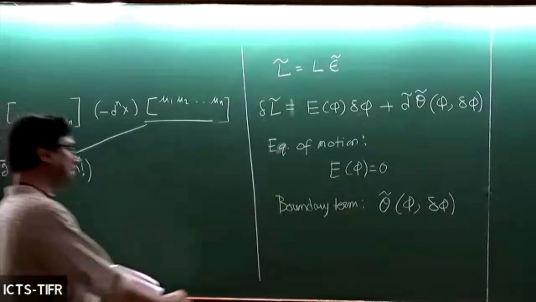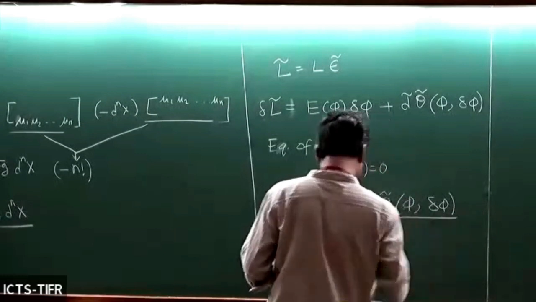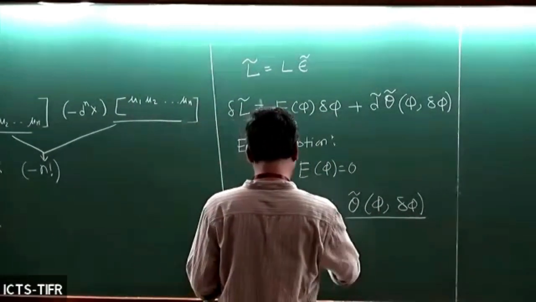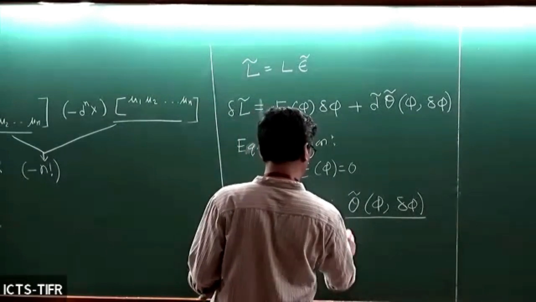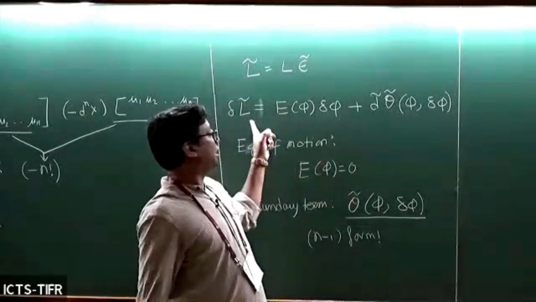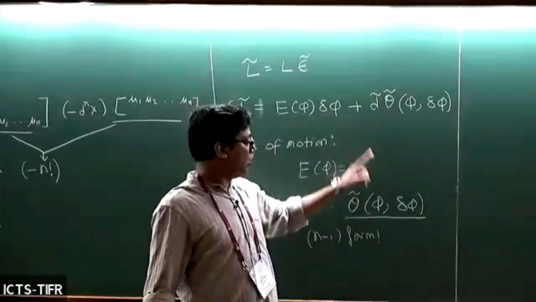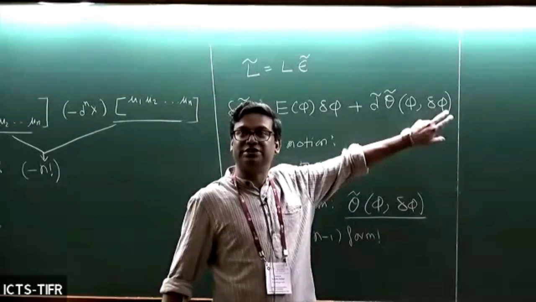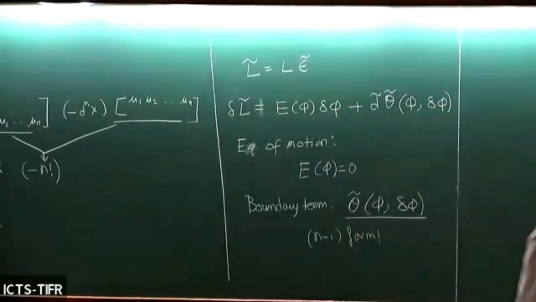But in the space of variations, this object, important to understand, is actually an n-1 form. Is that clear that this is an n-1 form? This is starting with the n form, this d acting on it, and it takes delta phi as an input, which is like a vector on the space of variation. So therefore, this is the n-1 form.